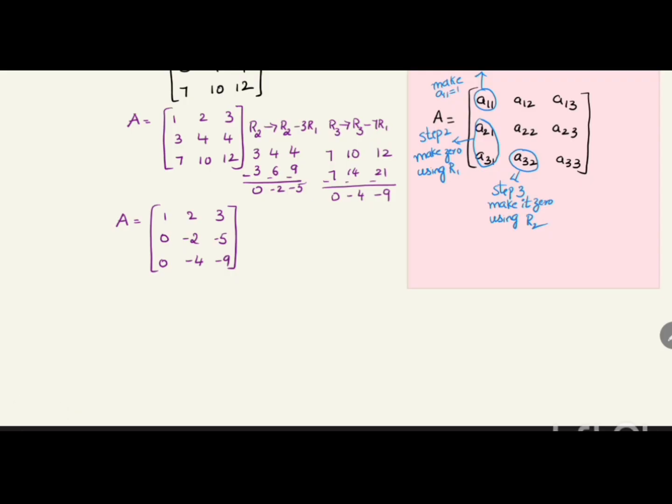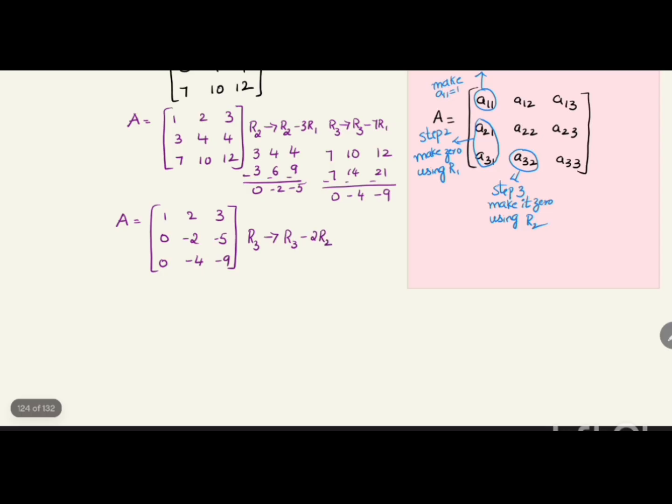Now again draw the principal diagonal. These two elements are made 0 and this element is left to be made 0. For that, as I told you in the step, you have to make it 0 using R2. So I have to make it R3 becomes R3 minus 2R2.